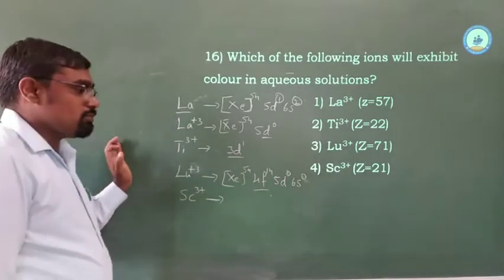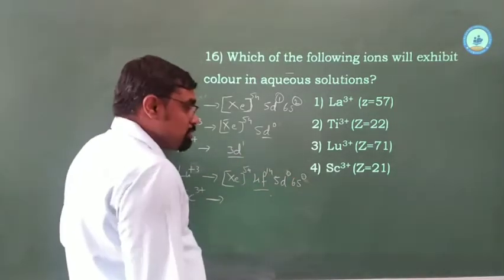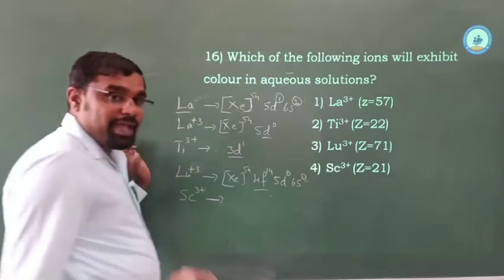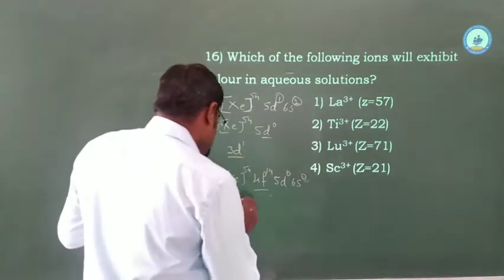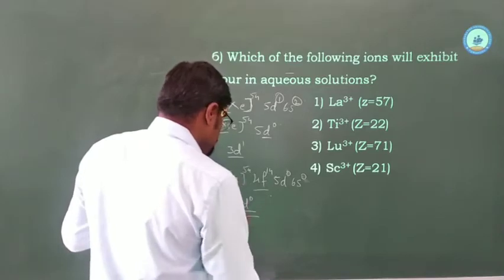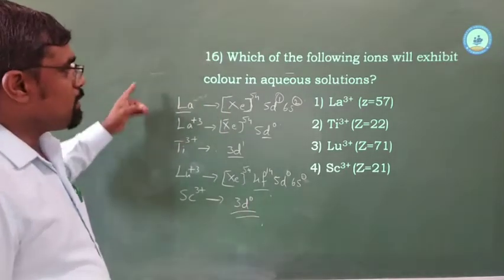Next, scandium 3+, atomic number 21. We remove 3 electrons, 2 from s and 1 from d, so 3d0.